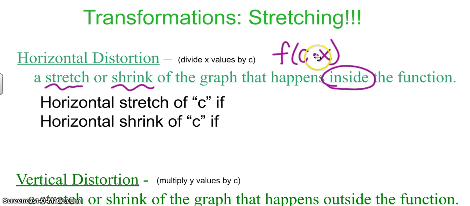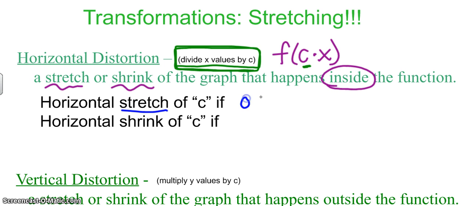But in order to actually apply this change, you're going to end up dividing your x values, again, x values because it's a horizontal change, by whatever this number is. So we're going to say we have a horizontal stretch if c is between 0 and 1. We're going to have a horizontal shrink if c is greater than 1.